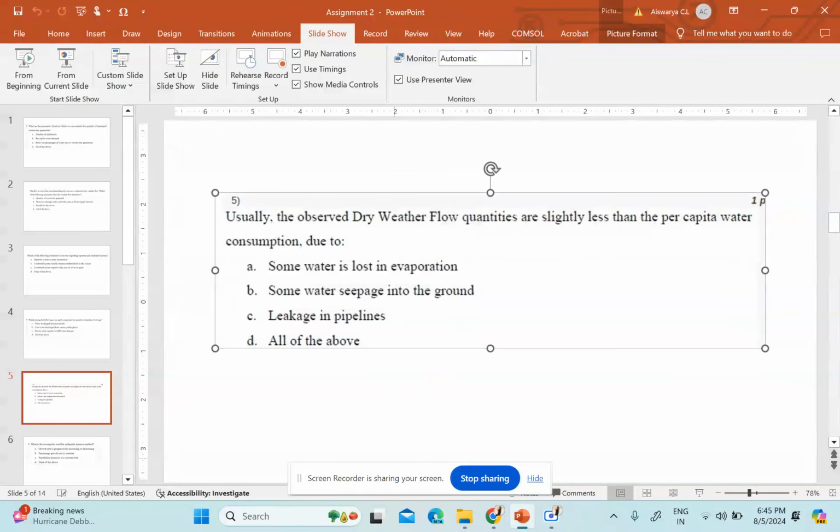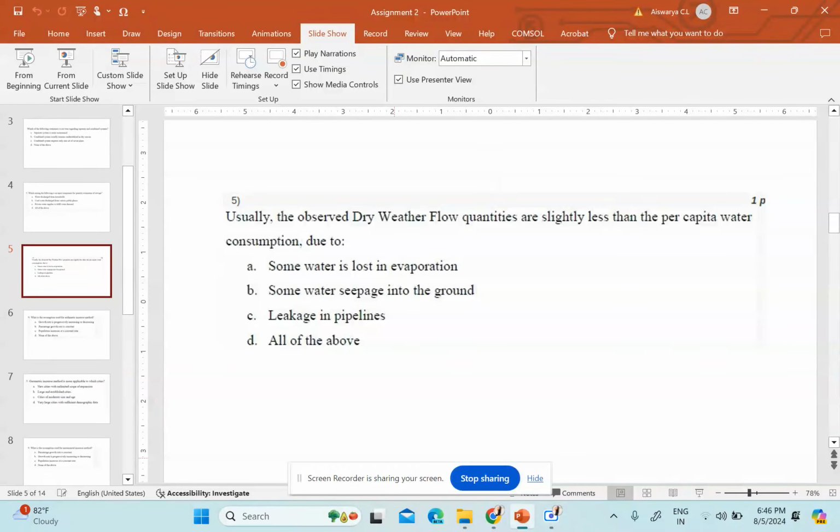In the municipal sector, cities get pipe water. Even if there is some leakage in the pipes which provide water to different homes, the expected quantity of water reduces, because there is a leakage, there is a loss.